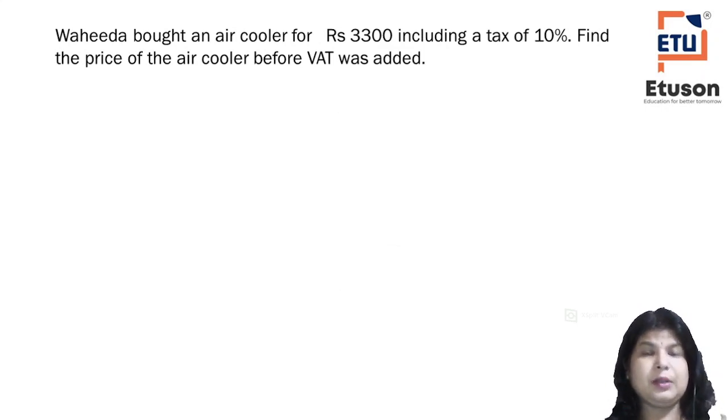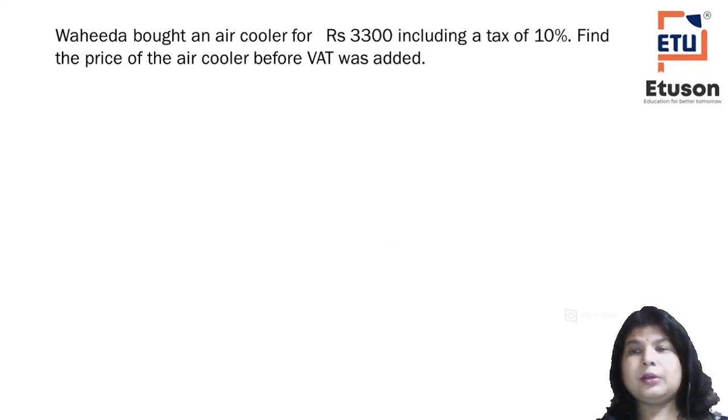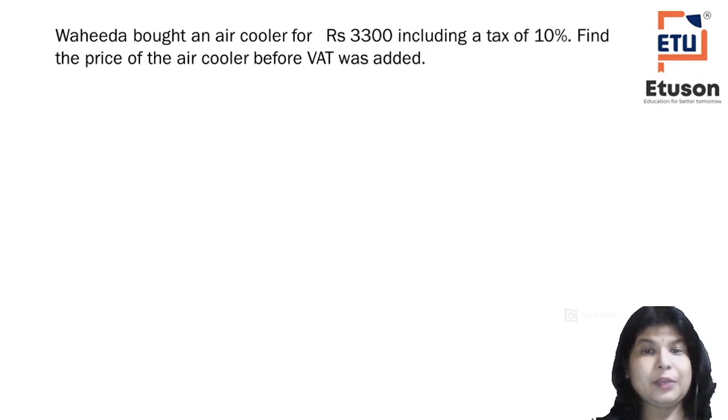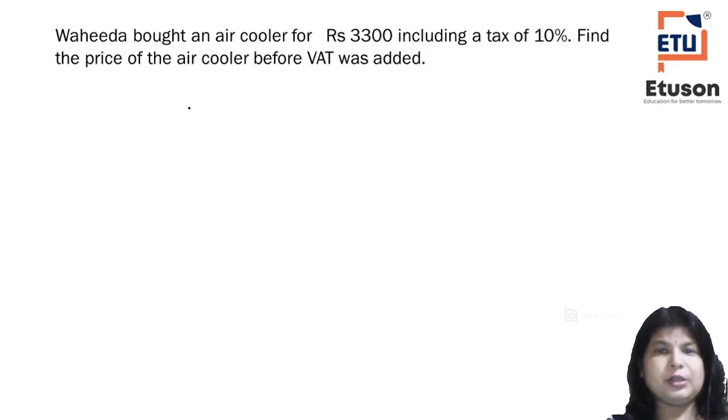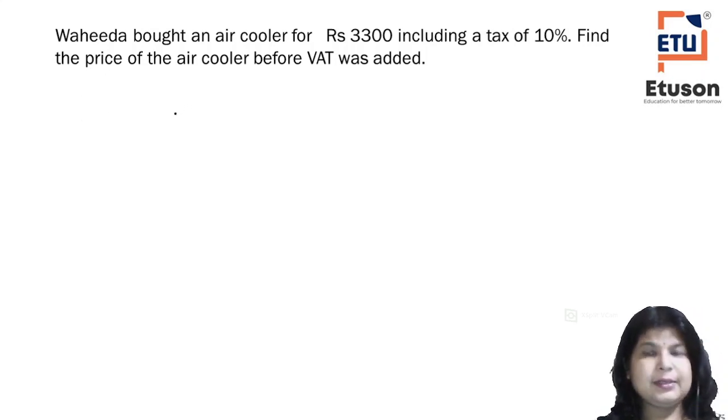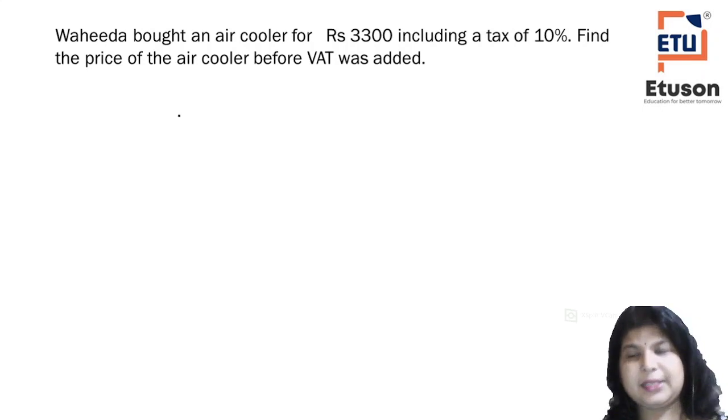So now let us take one more example. Here you will learn about how VAT is applied. Okay. So value added tax. Wahida bought an air cooler for rupees 3,300, including a tax of 10%.